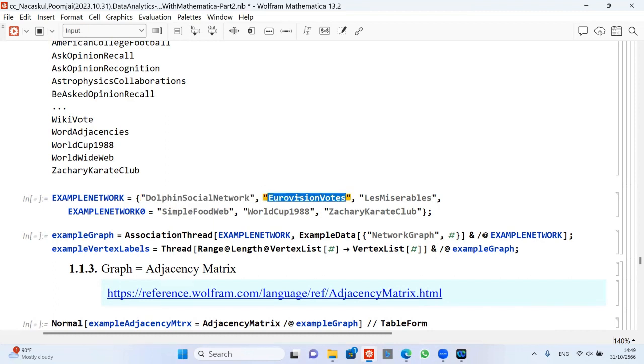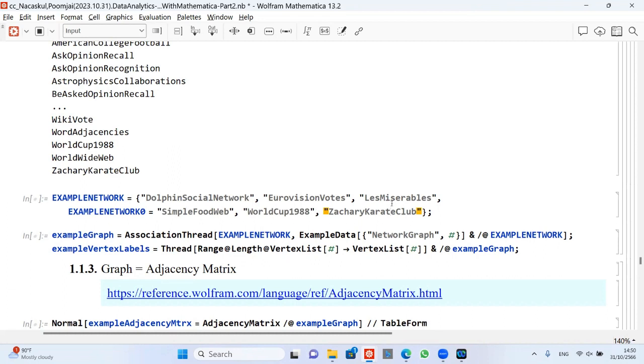Eurovision vote, which country in Europe votes for which country in Eurovision. Les Miserables, which characters in the play appear together on stage. Simple food web, who eats whom, like a bird eats a caterpillar. World Cup 1988, who plays whom. Zachary Karate Club, that's a classic one.